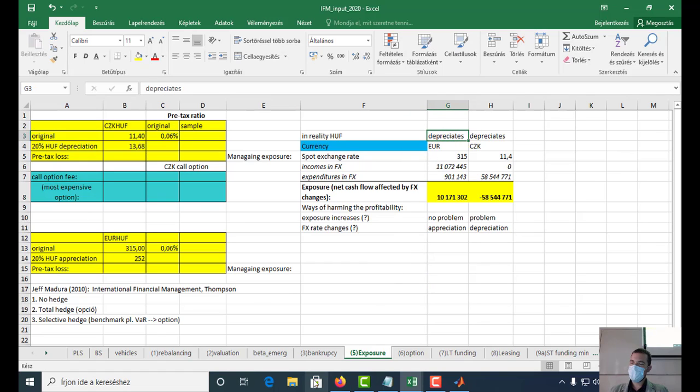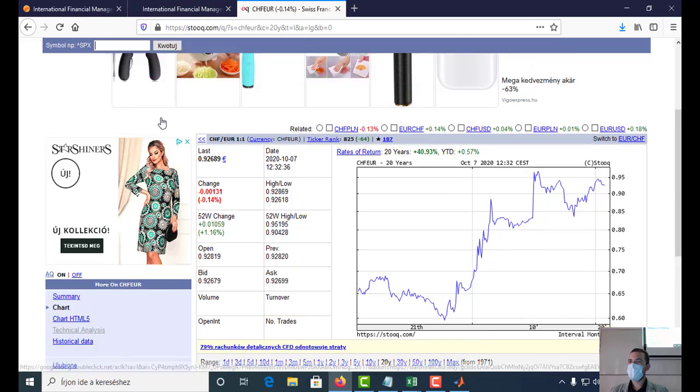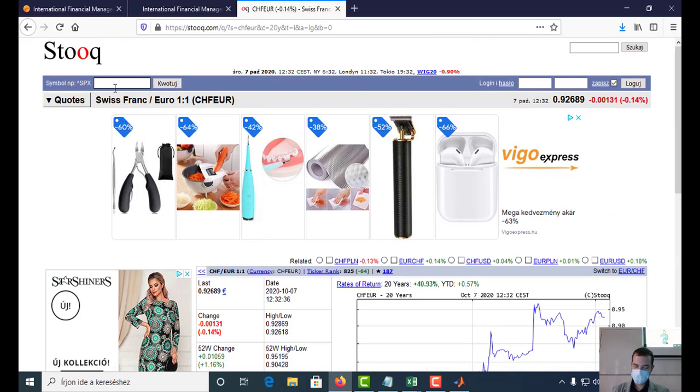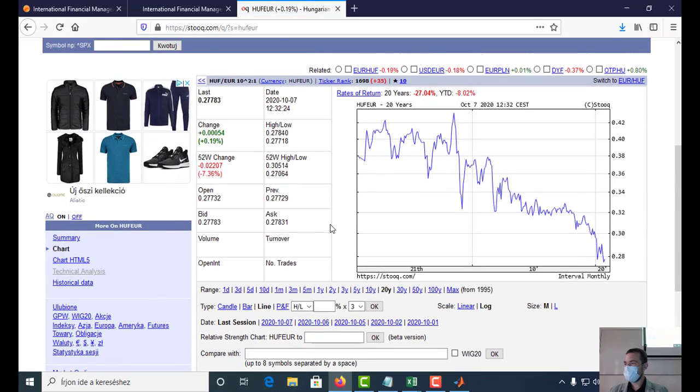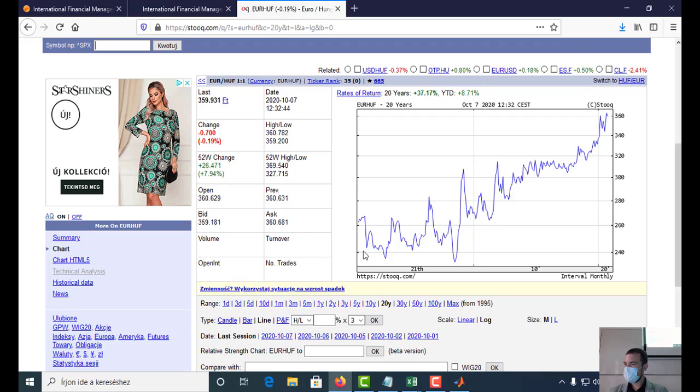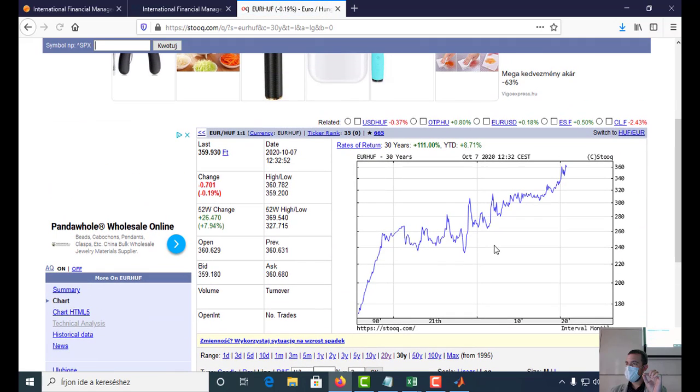And also against the euro, I don't think that right now in these conditions we have to talk about this, but still for the sake of the video, you can see that yep, it's depreciating. Just we see that when the depreciation is much more dramatic than it was before, then the volatility also increases.